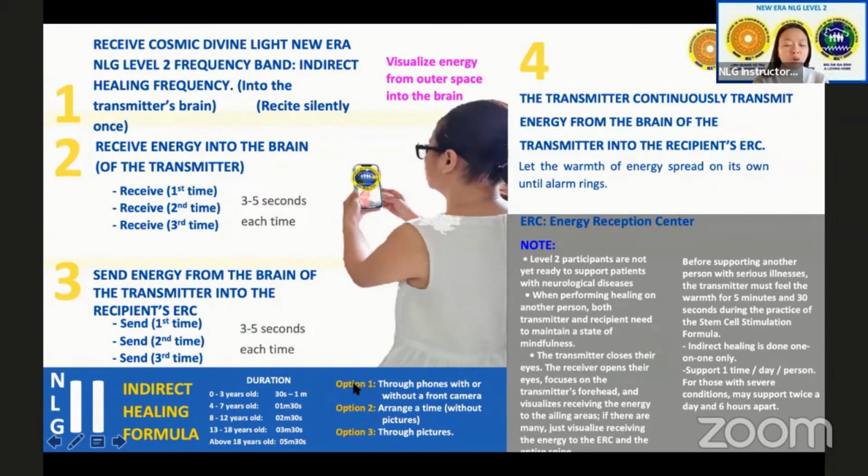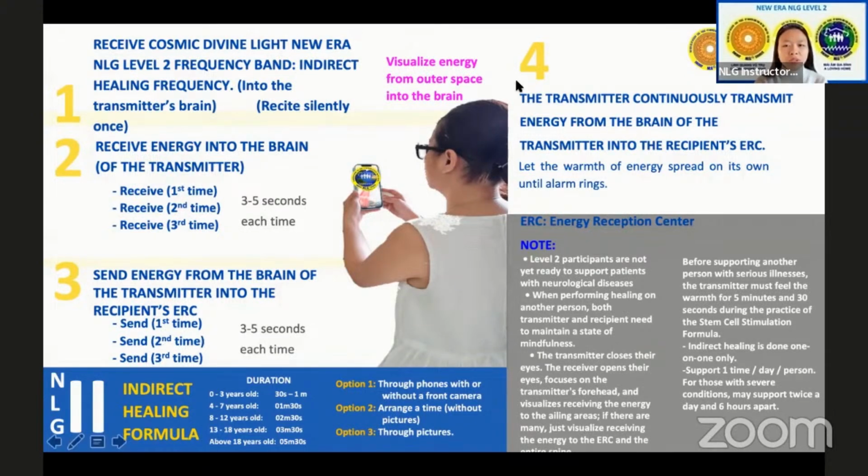And of course, when you use one of these options here, through phone calls, through arranged time, through pictures, basically you will still go through all of these steps from 1 to 4. Okay. And remember that for the most part, when you get to the last step, it's usually an ongoing action.